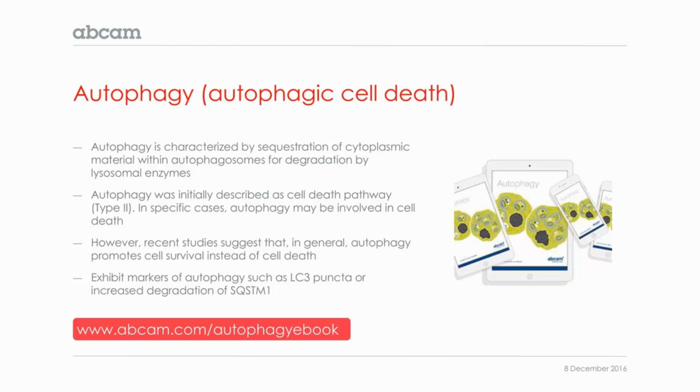But it is thought nowadays that in the majority of scenarios, autophagy seems to promote cell survival and not cell death. And because of this, and because it's a whole topic in itself, autophagy won't be discussed further in this webinar. But if you would like to know more about autophagy, please have a look at our autophagy guide available for download at abcam.com/autophagy ebook.